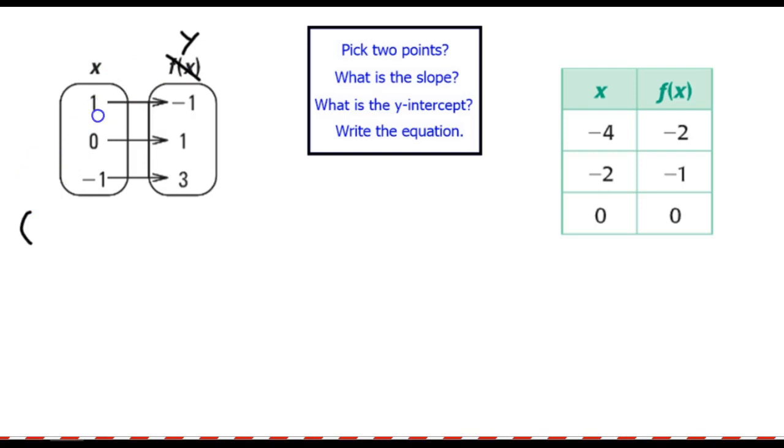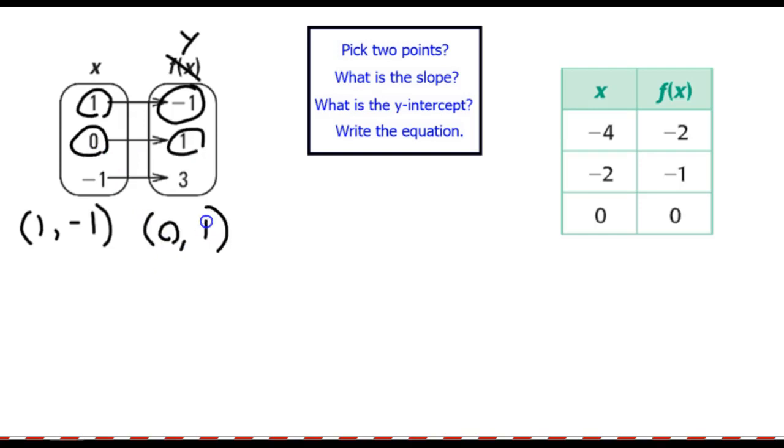First one, our x is 1, and our y is negative 1. That's 1 point. Second point I'm going to take is 0, 1.